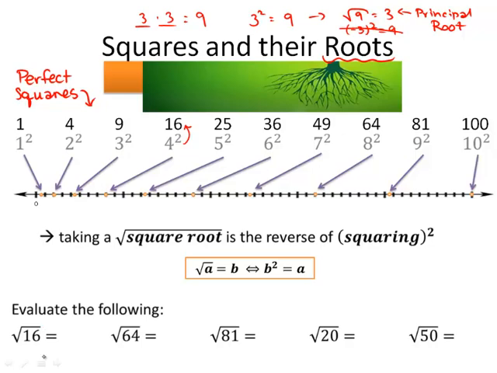So square root of 16 should be 4 because 4 squared is 16. Similarly, root 64 would be 8 because 8 squared is 64. In the same manner, 81 is 9 squared, therefore the square root of 81 is 9.